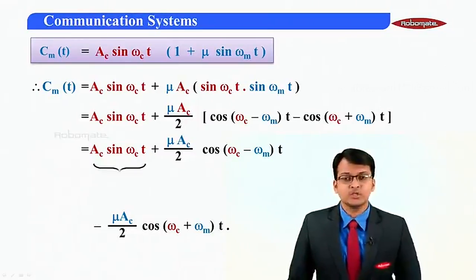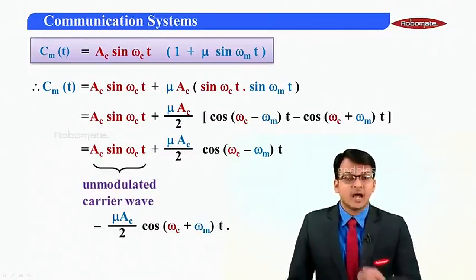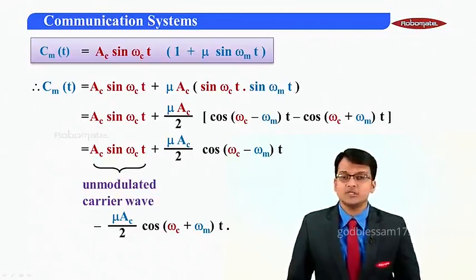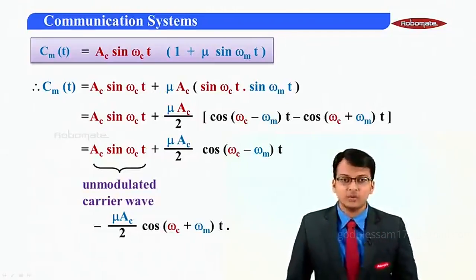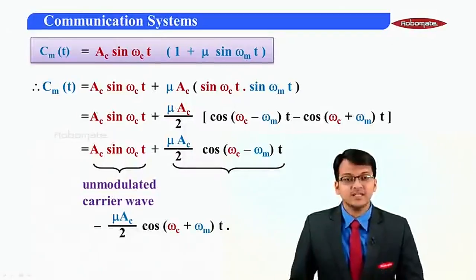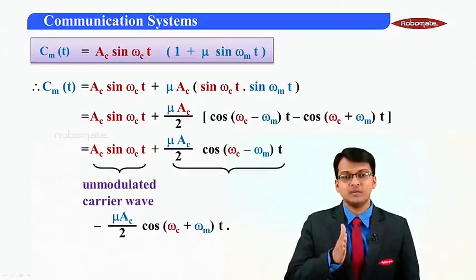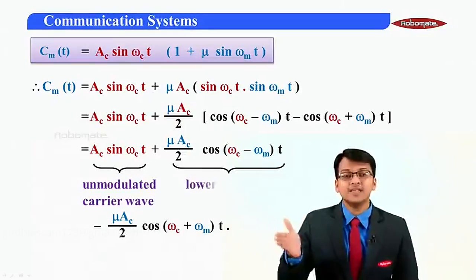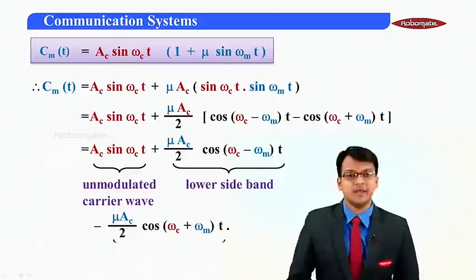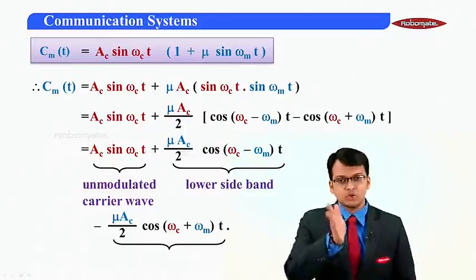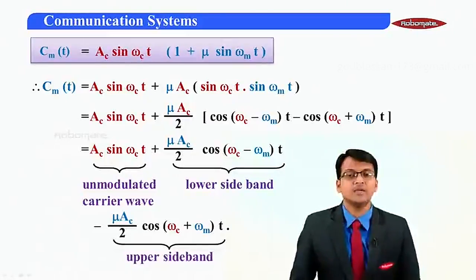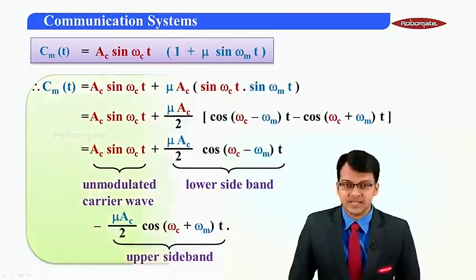Right, dear students? The three terms can be written as the unmodulated carrier wave, because nothing is happening in that term, and then the second and third, which are actually modulating. The second is cos of omega c minus omega m, which lies in the lower half, hence I call it the lower sideband. And needless to say, cos of omega c plus omega m is referred to as the upper sideband.